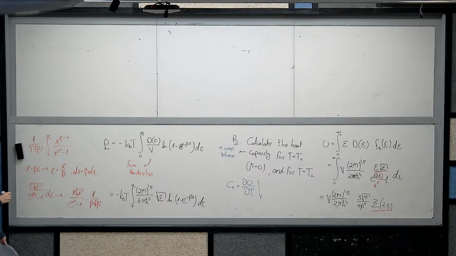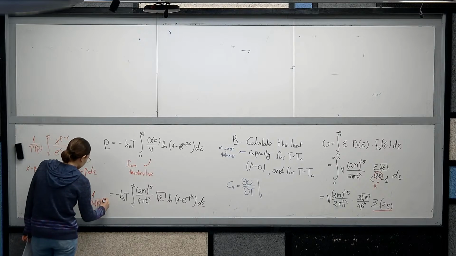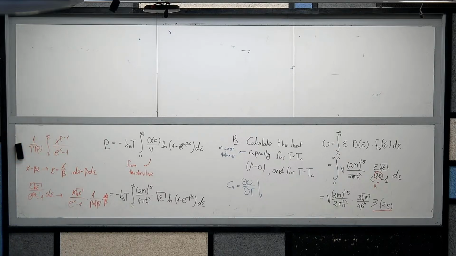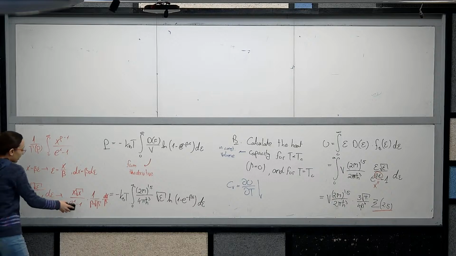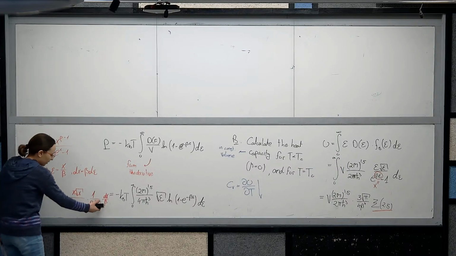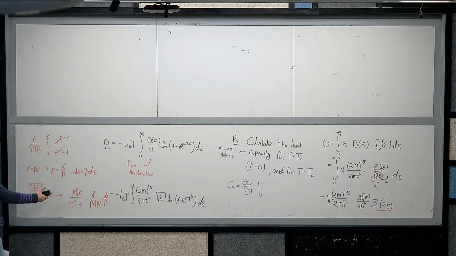And then the epsilon goes to dx divided by beta. Then we have all the constants that don't depend on x, and we can take them out of the integral.